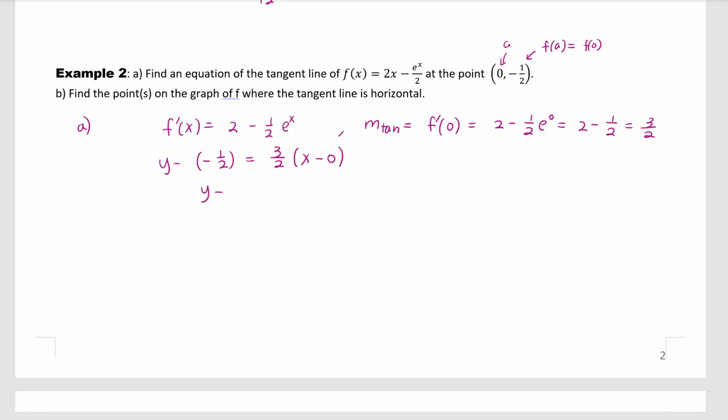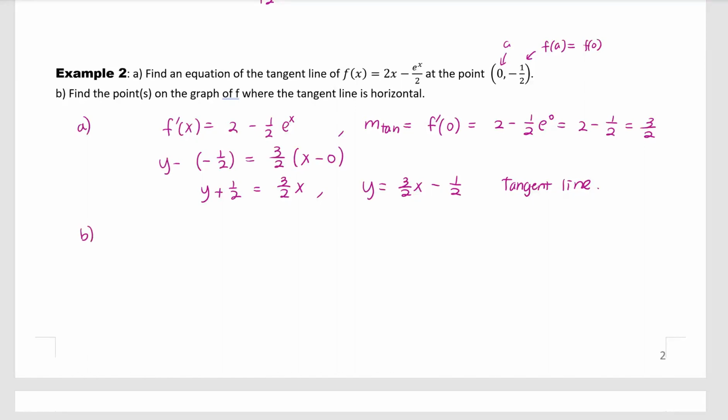Okay, so we have y plus 1/2 equals 3/2 x. So y equals 3/2 x minus 1/2. So this is the tangent line. So far so good, everybody? This is part A.